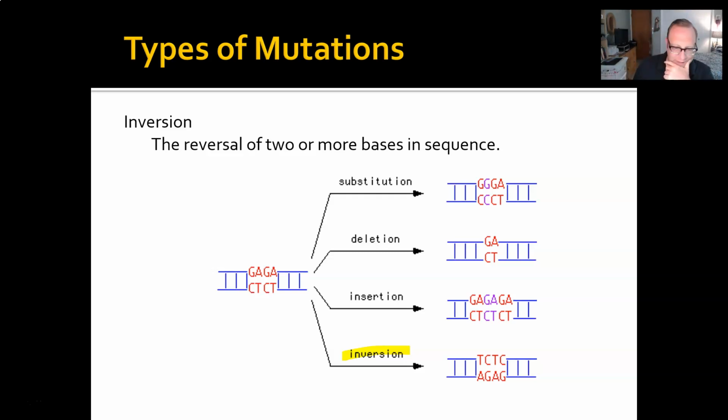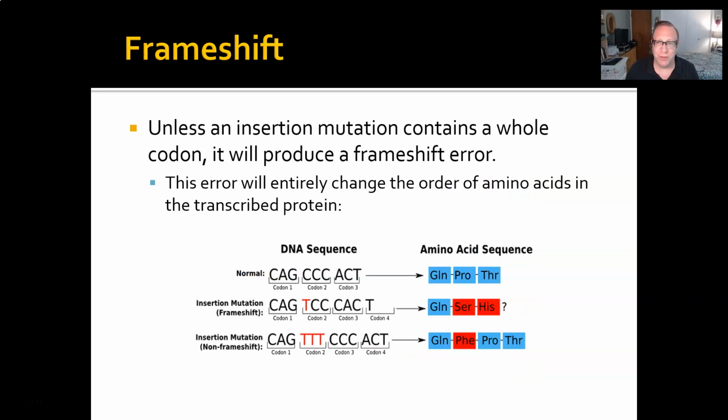You can also have them flipped the other way as well. So instead of being GAGA, it would be AGAG. So there are lots of different ways this happens. There's also, as we'll talk about in a minute, something called a repeat, where you just get multiple insertions of the same thing over and over.